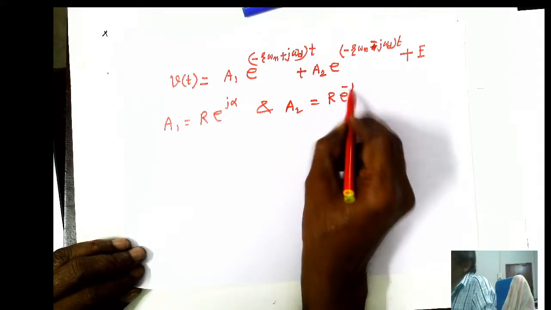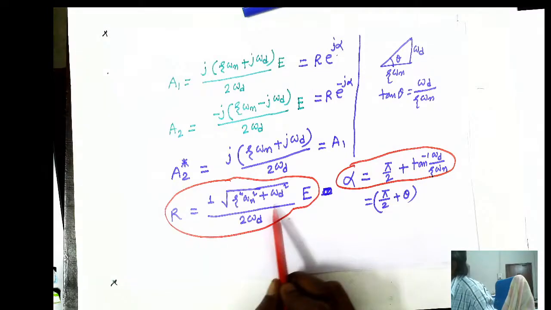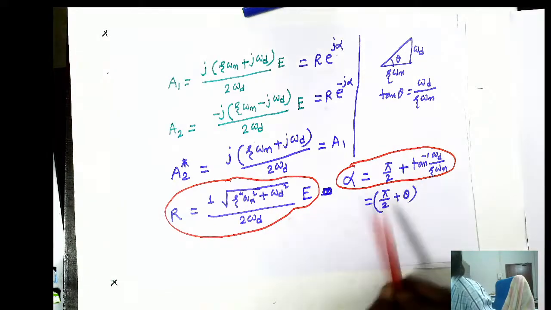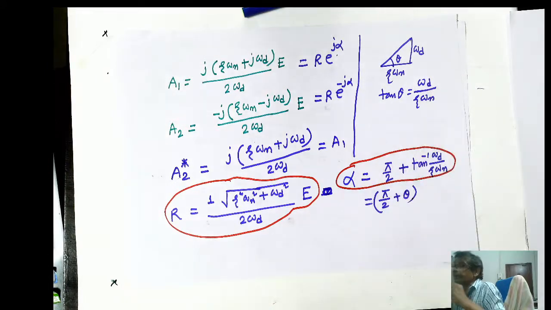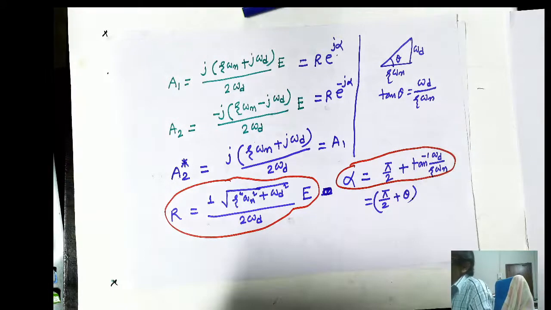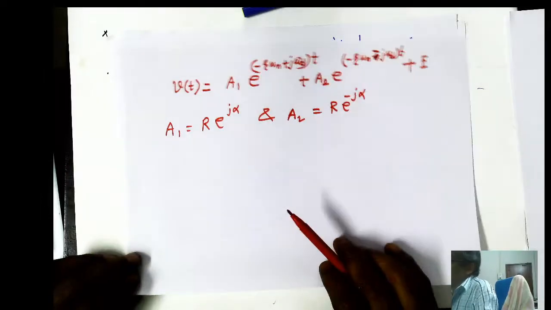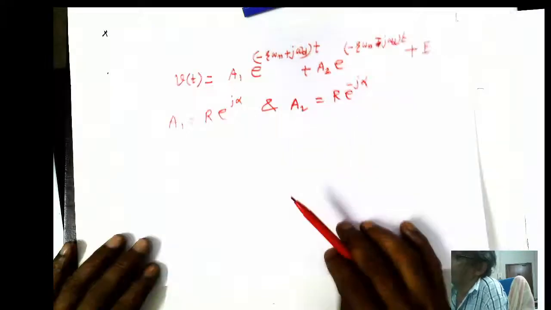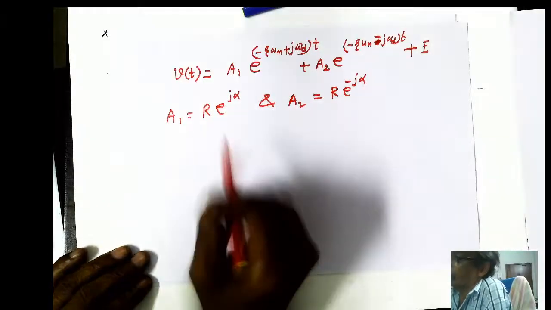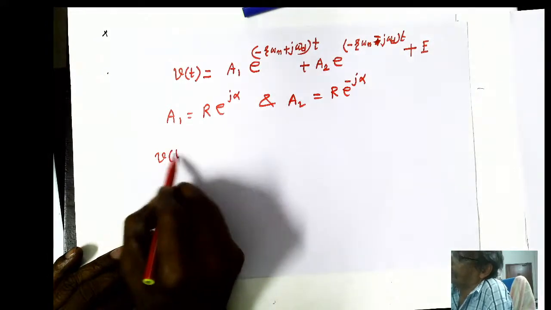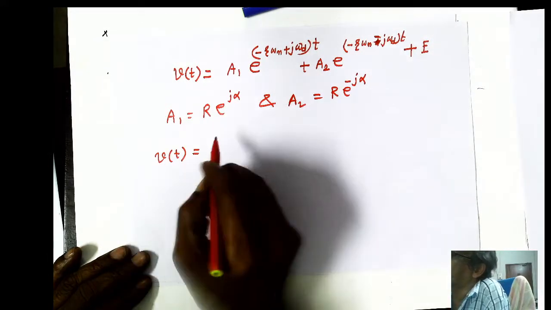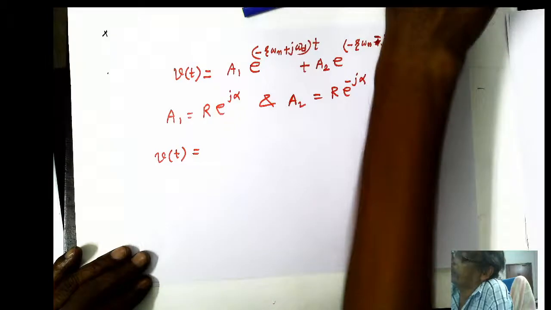And what is the value of R? Value of R is this. And what is the value of alpha? It is equal to pi by 2 plus theta, where theta is tan inverse omega d by zeta omega n. So R and theta are known. So I can put these numbers there. So Vt will then become, let me write it on this side.